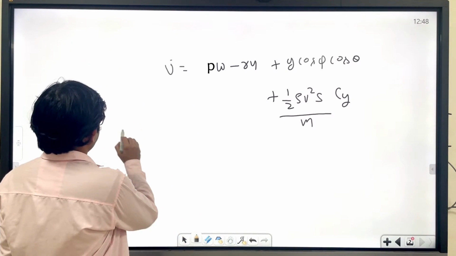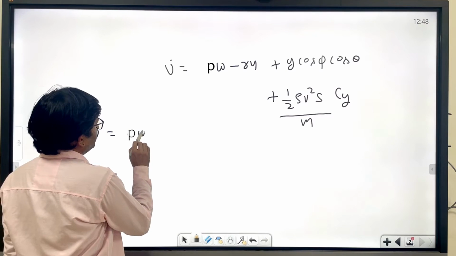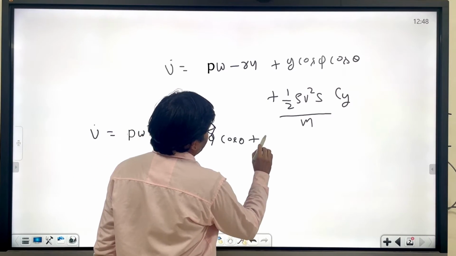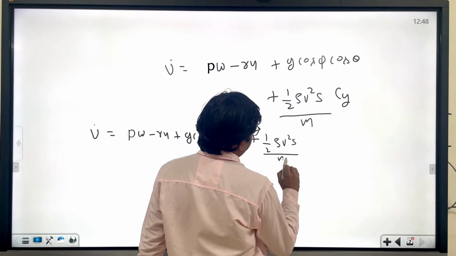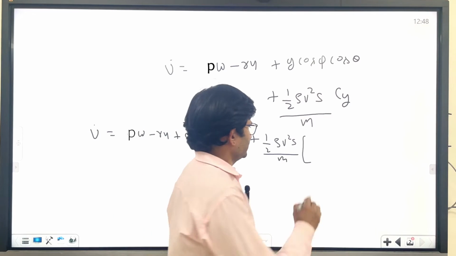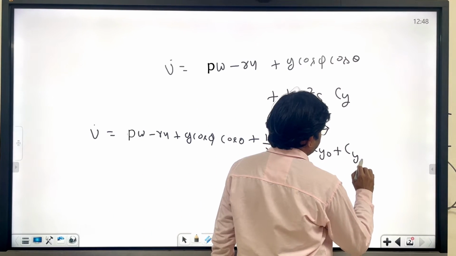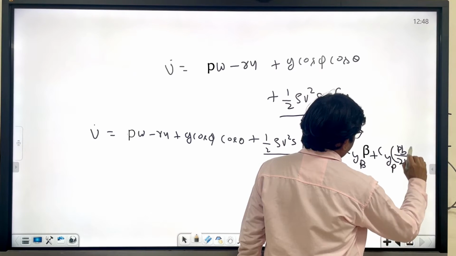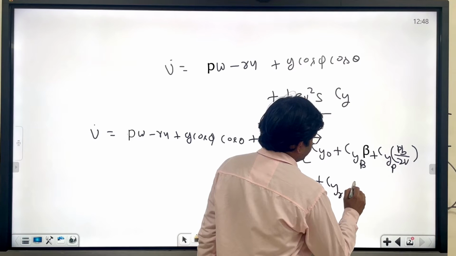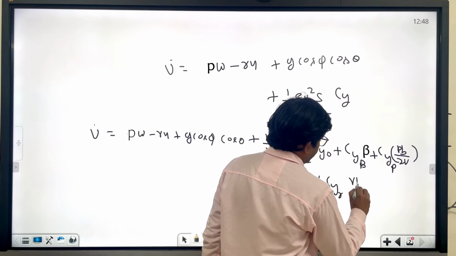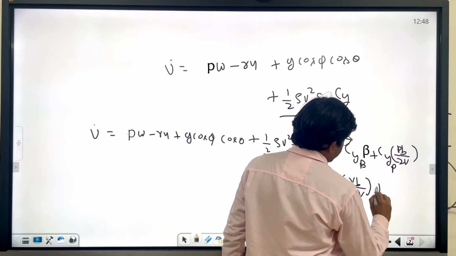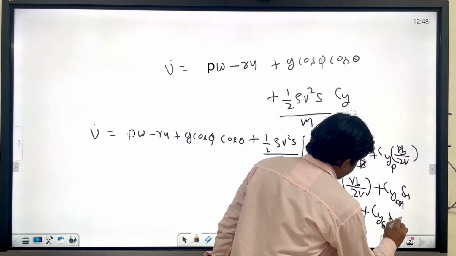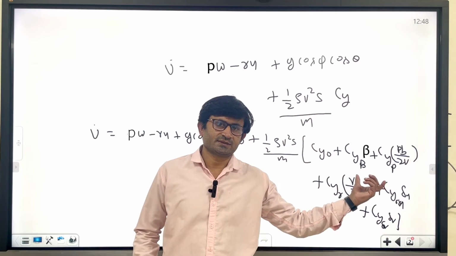Further, we can write v dot equals p w minus r u plus g cos phi cos theta plus half rho V squared S by m, and Cy we can expand like this: Cy naught, plus Cy beta into beta, plus Cy p into p b divided by 2V, plus Cy r into r b divided by 2V, plus Cy delta A into delta A, plus Cy delta R into delta R. This represents the aerodynamic model in the side slip case.